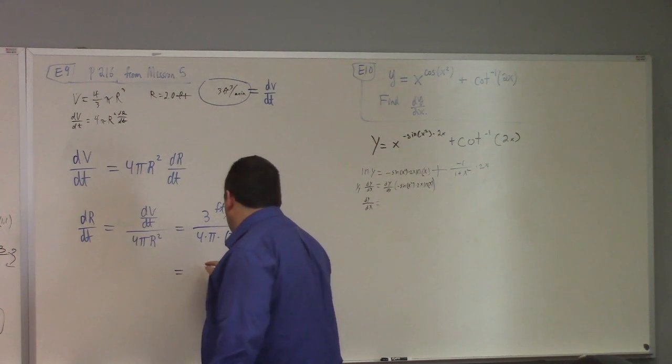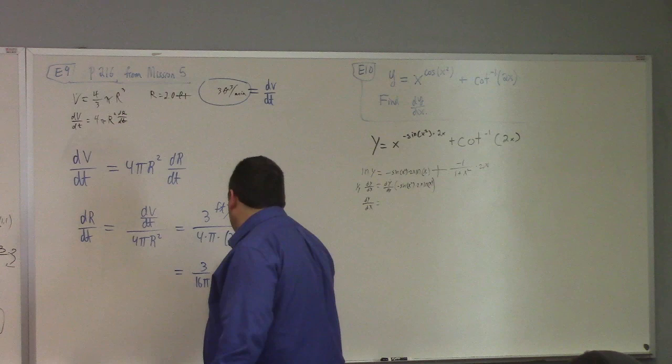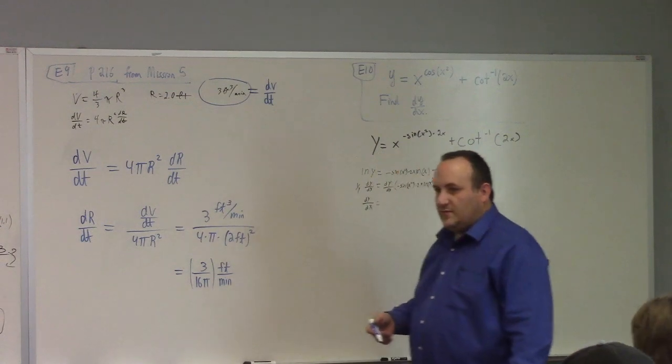So apparently 3 over 16 pi feet per minute. Notice that the feet cubed and the feet squared reduce to feet per minute. And if you get a calculator, you can give me that as a decimal, right?